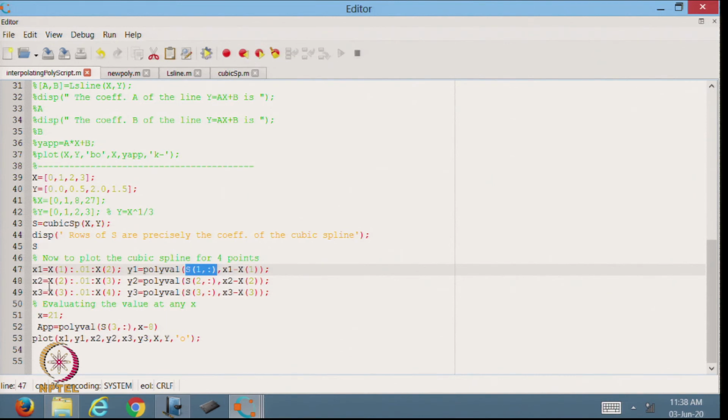Now, for the next cubic spline the same thing I am going to do, only thing is that it is now x2 minus x2. So, x2 is basically 1 in this case, and x3 is 2 in this case. Based on this I get y1, y2, y3, 3 values for this value of x. This one I have done only to test this function.